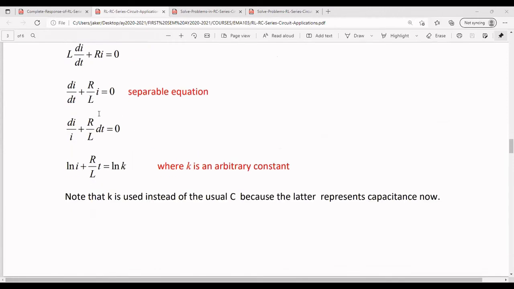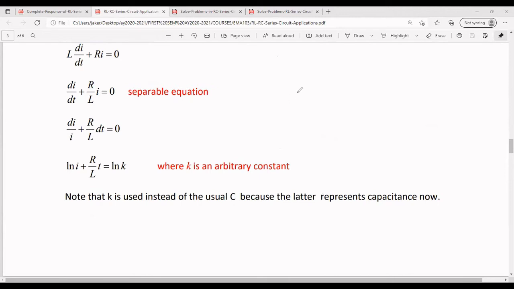I think you will notice that this is really separable because I'll show it to you. Although you can treat this as linear if you want, you're still solving it as a separable differential equation. It is actually separable because you notice that I have here the current I and this dt in here. So I'd like to separate my derivative.